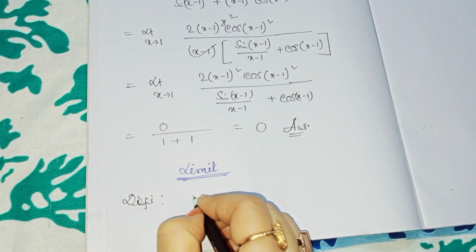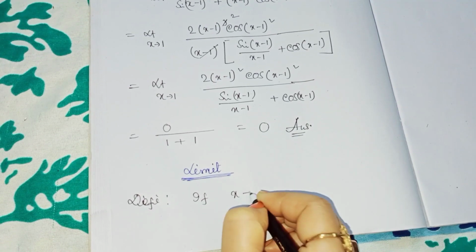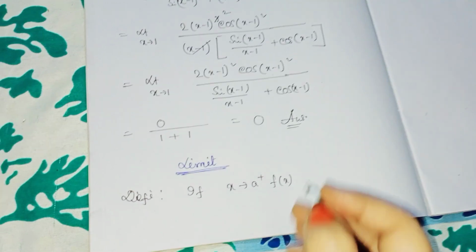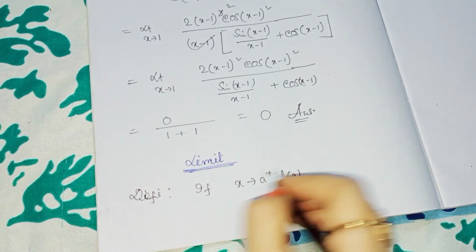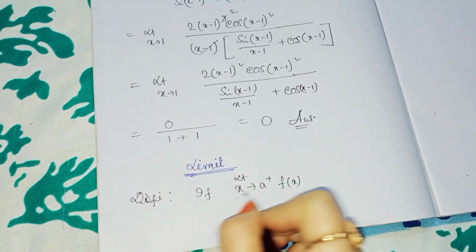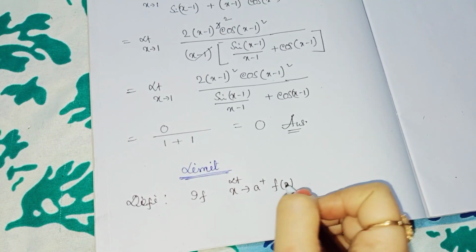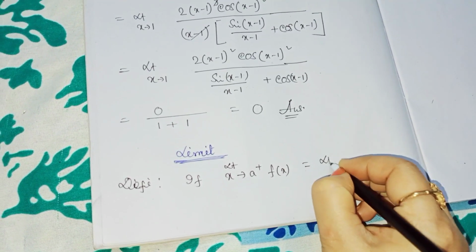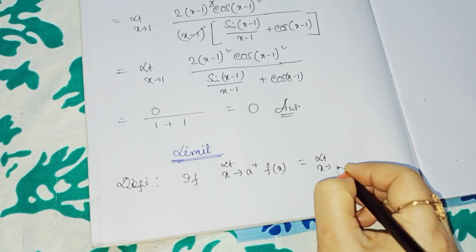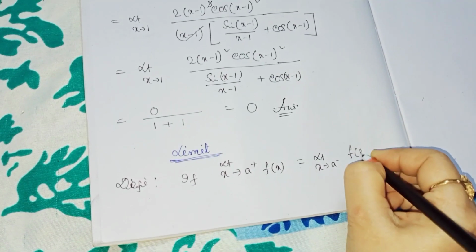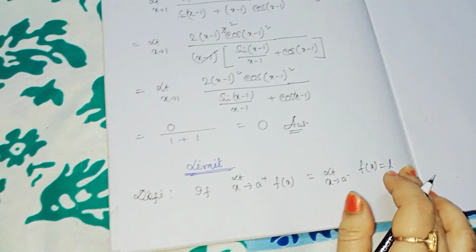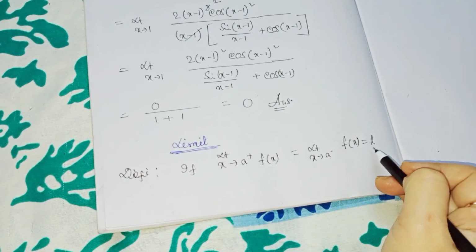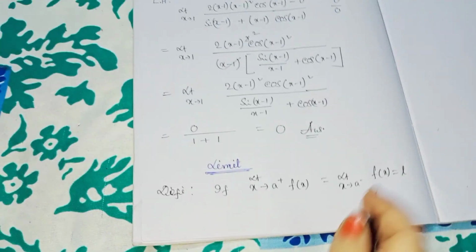If the right hand limit, x tends to a plus f of x, and the left hand limit, x tends to a minus f of x, are equal to L, and L is obviously finite, then L is called the limiting value.